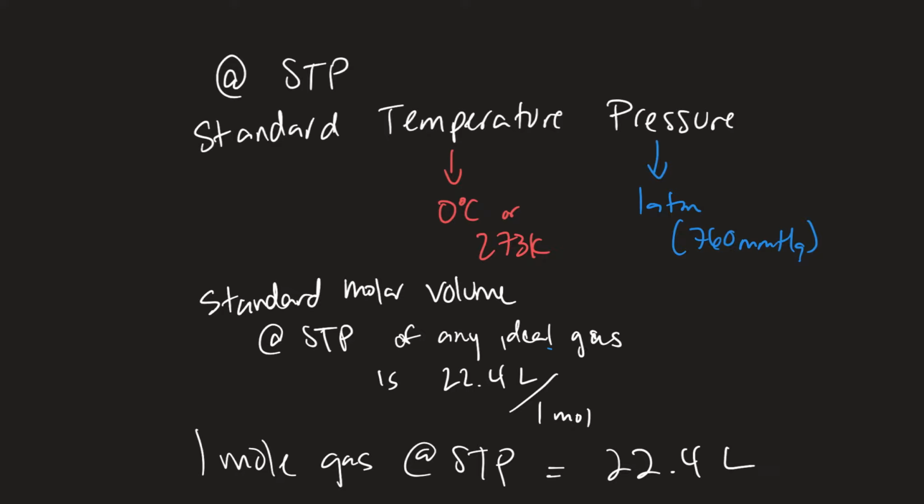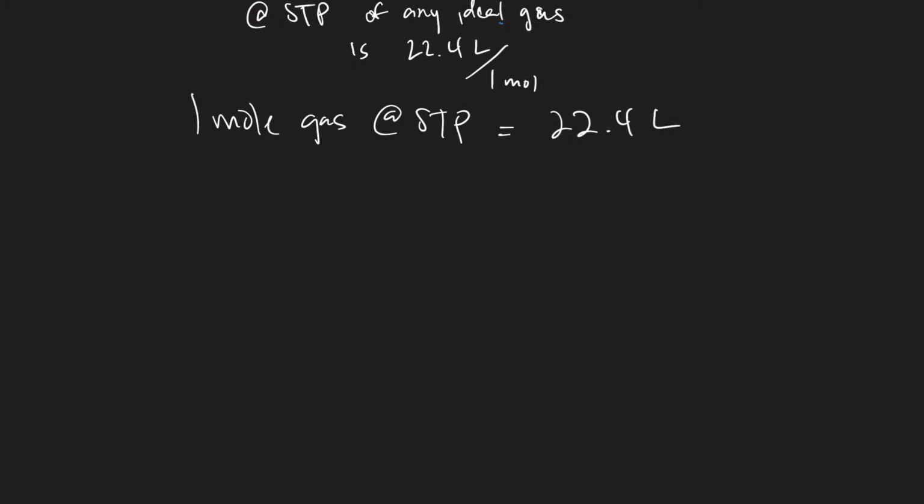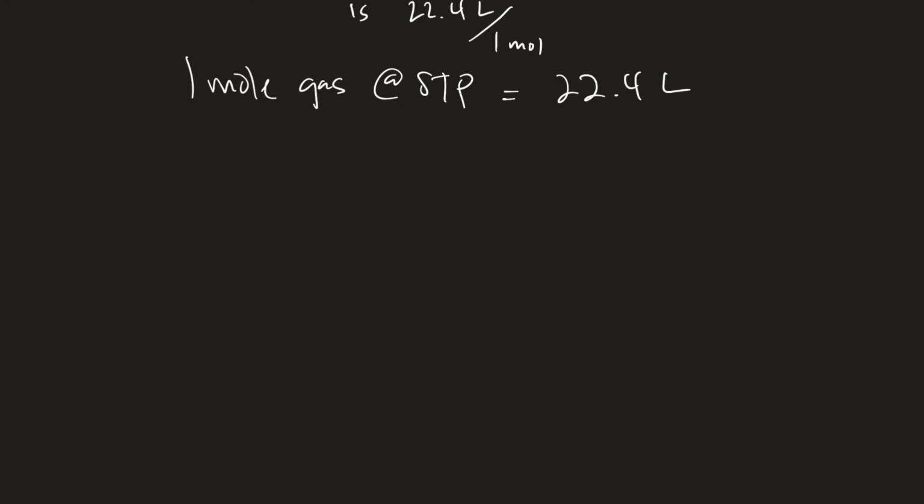This is a really interesting relationship, because then we can look at examples. For instance, if you have 1 mole of oxygen at STP, we know that we have 1 mole of oxygen.